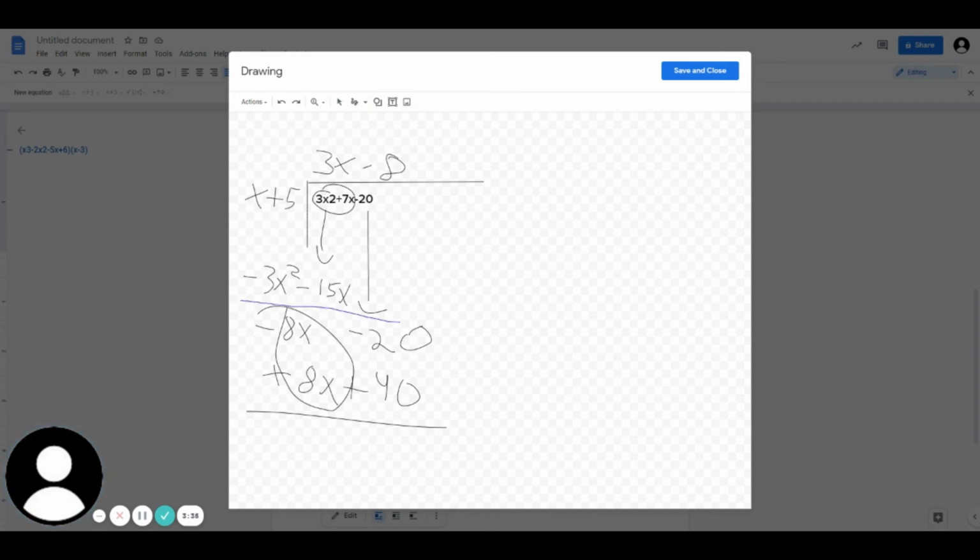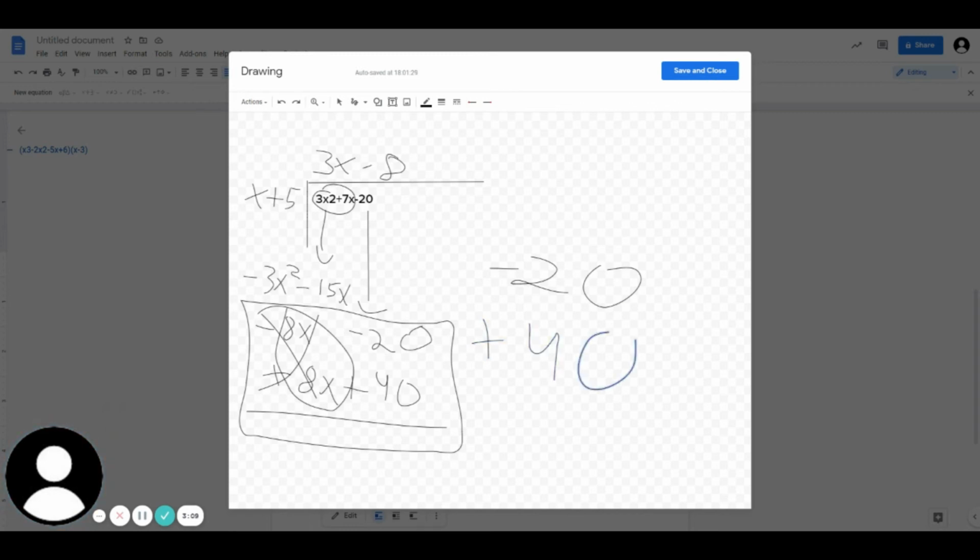And in here we just cancel both, because it's negative 8x and positive 8x, which will lead us to negative 20 plus 40. That is the key for everything here. Negative 20 plus 40, if we do the count, the result here will be 20.